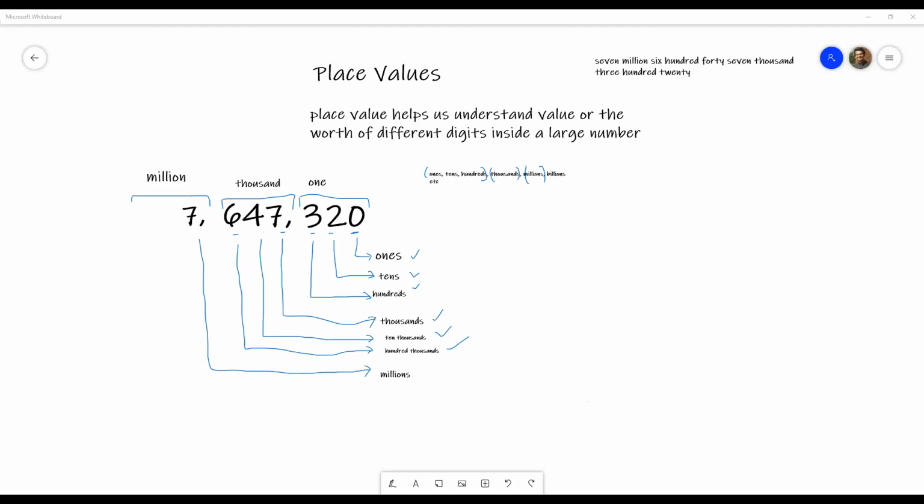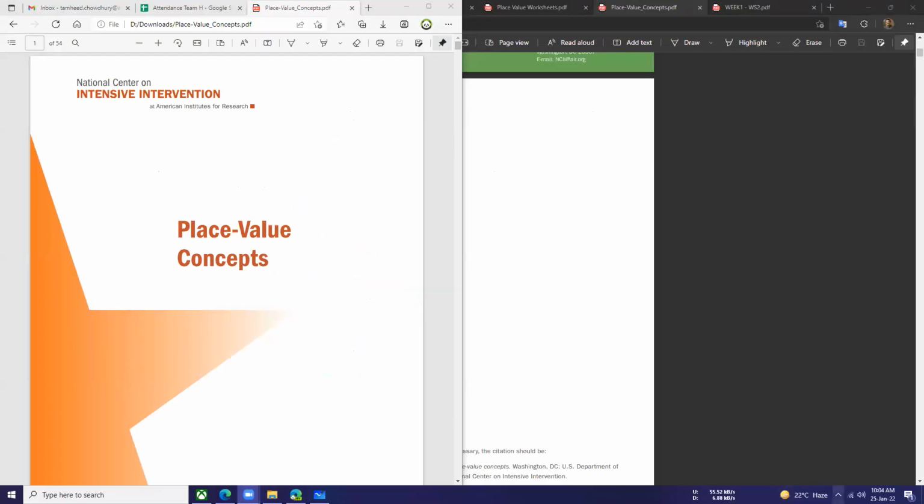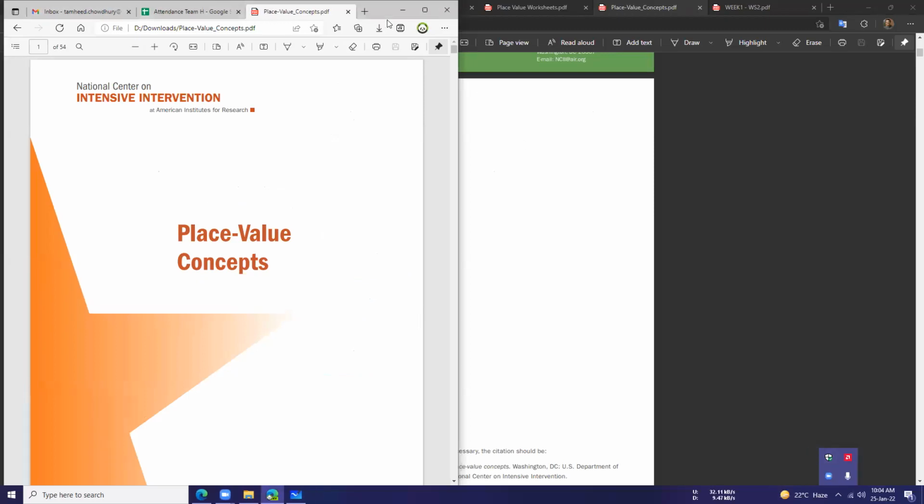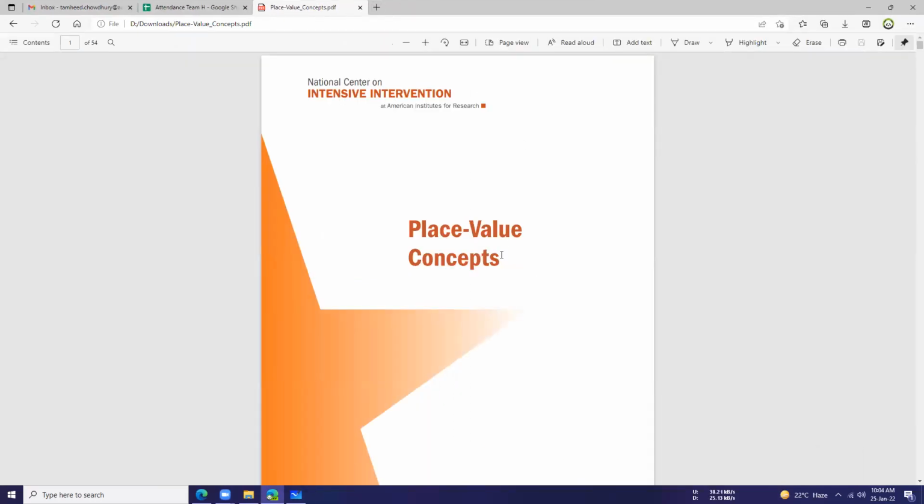Let me copy the link and paste it, and then share this screen instead. Can you see the tab? Yes, ma'am. Yes, sir.